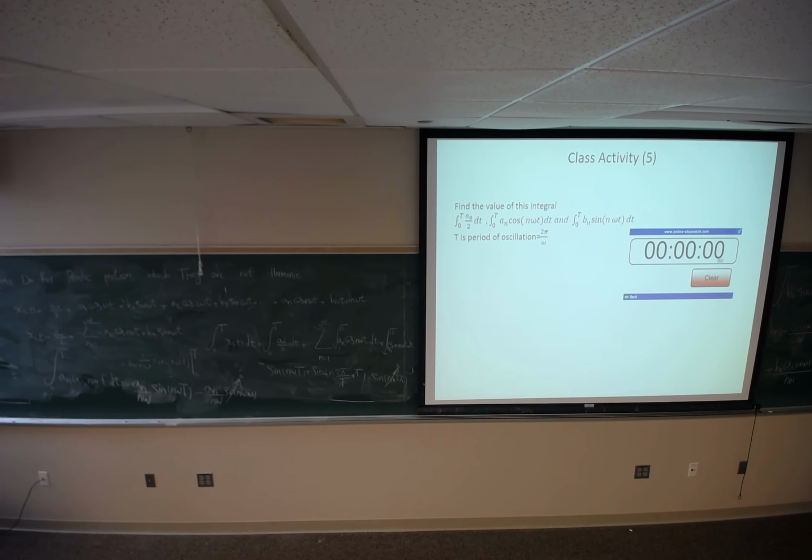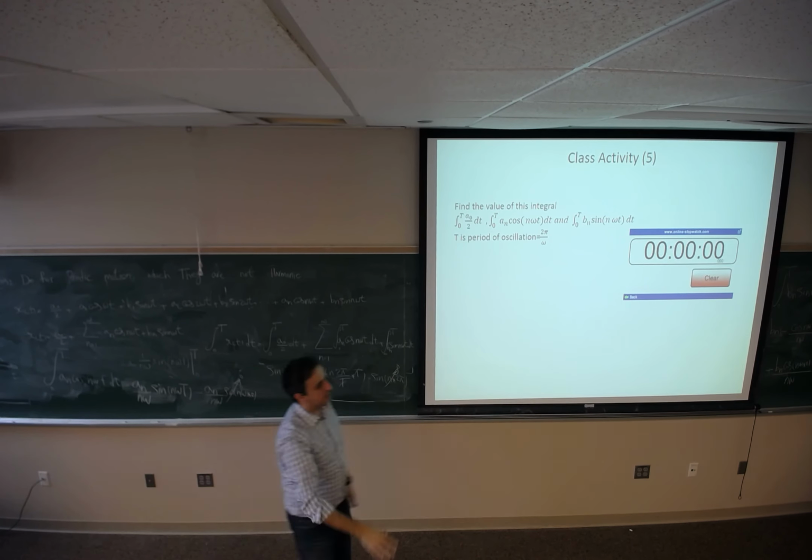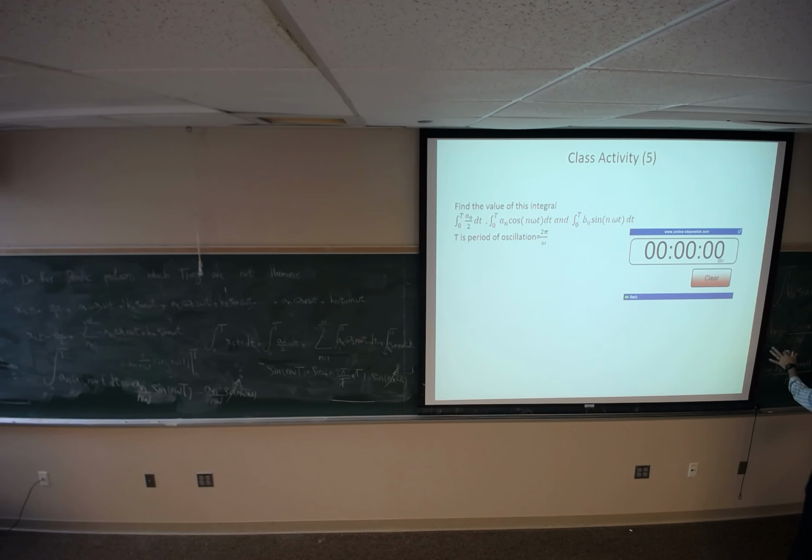Is that clear? The reason that I'm asking is that when I move on to finding the coefficients A1, B1, it's gonna be more complicated, and we are gonna use this information, this approach.